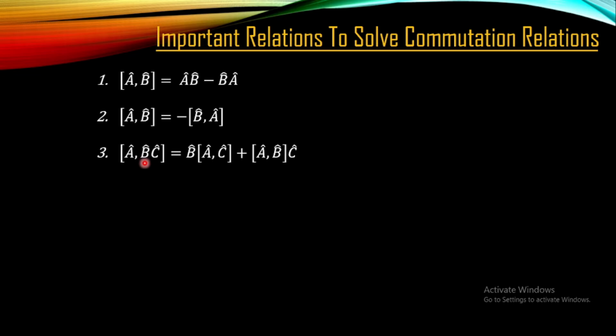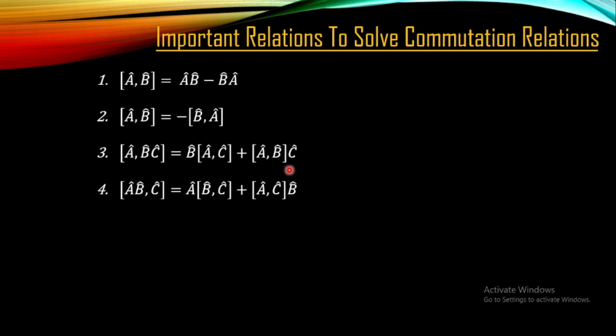That's why when you are writing in the RHS part, B cap should be in the left hand side of the inner product. And there is another possibility also, that is inner product of A cap and B cap if you consider, then the operator C cap will be coming outside, and in B cap into C cap we can observe that C cap is in the RHS. So here also C cap is going to lie on the right hand side of the brackets.